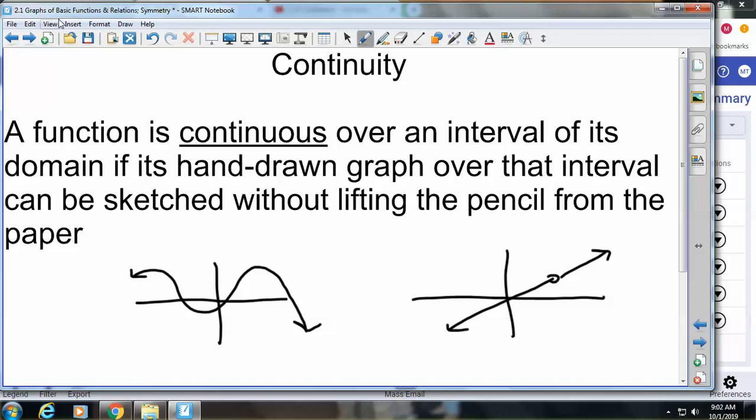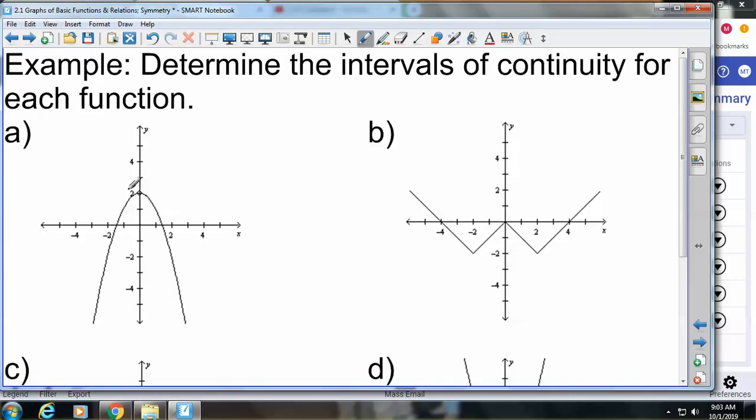Like we've been doing, when I ask you where things are continuous, I am going to expect intervals. You will use the x values when you list the intervals. The only time you should be giving me y values is if I ask for the range of the graph. So I want to look at each of these and decide the intervals of continuity.